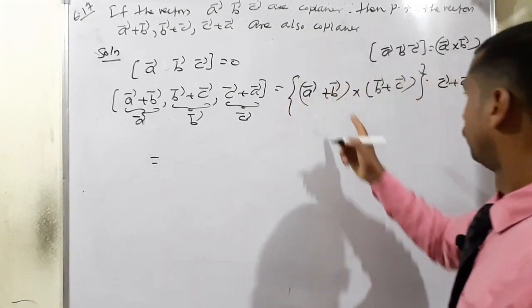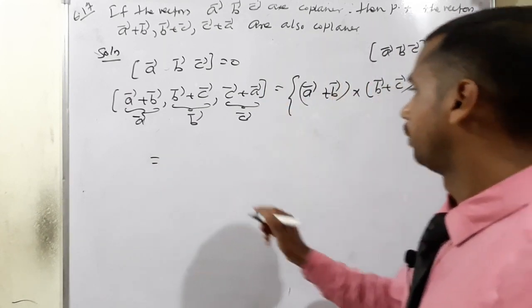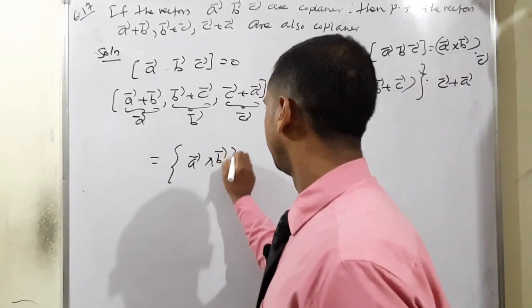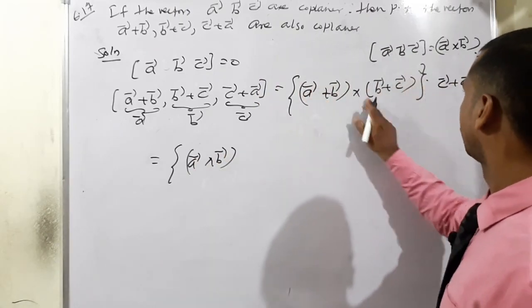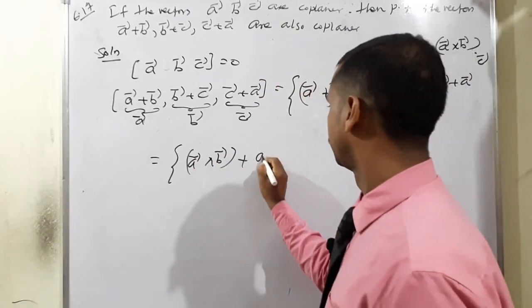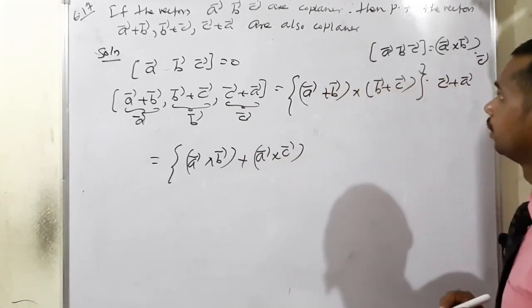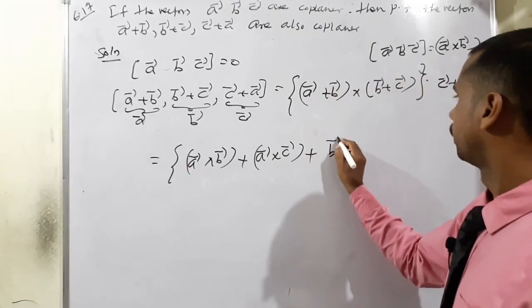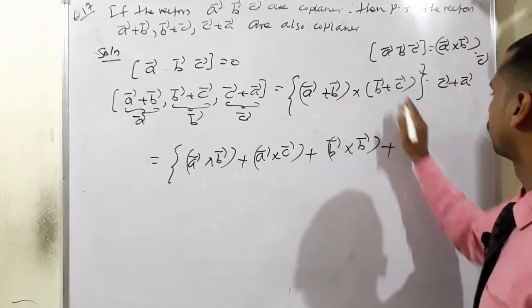Now first, inside, we have to take the cross product: A vector cross B vector, plus A vector cross C vector, plus B vector cross B vector, plus B vector cross C vector.